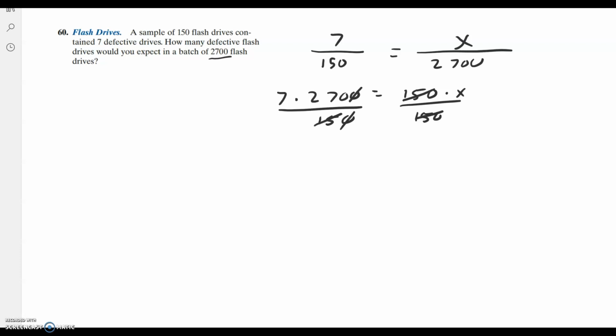Now 15 goes into this once. 15 goes into this 120, I'm not sure, so I better divide.